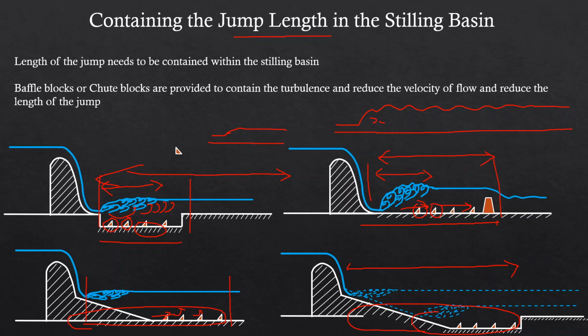So we need to adjust the Froude number somewhere in this location so that the desired type of jump, which is generally a steady jump, where it's very well defined like this, is provided. It's efficient, and at the same time it does not have a very large length.